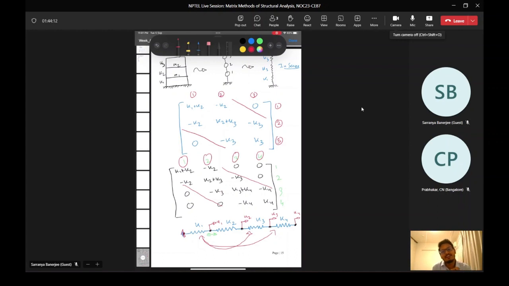So if your members were in parallel to each other, say this is K1, this is K4, and this is K3, you only have U1 and U2 here, but here you cannot make that kind of banded nature because K4 and K1 are all contributing to your stiffness.